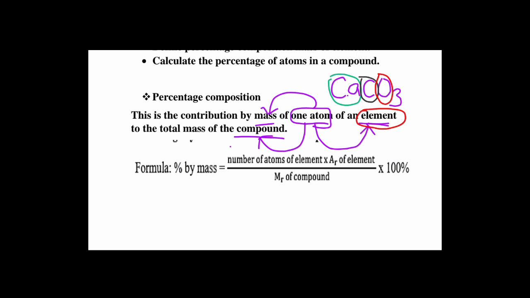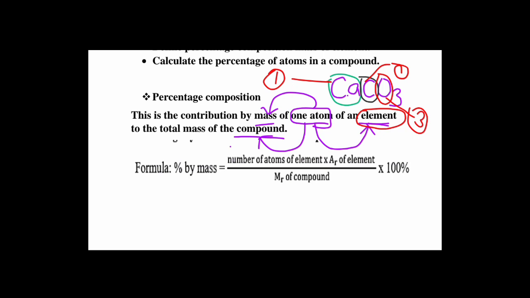Now, we are not going to forget that an element is not going to react. What is going to react is atoms in that element. Therefore, we are also saying we have atoms in a compound. In this case, we have one atom of calcium, and then one atom of carbon, and then 3 atoms of oxygen in this compound.